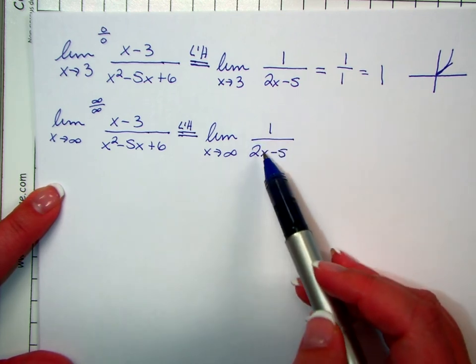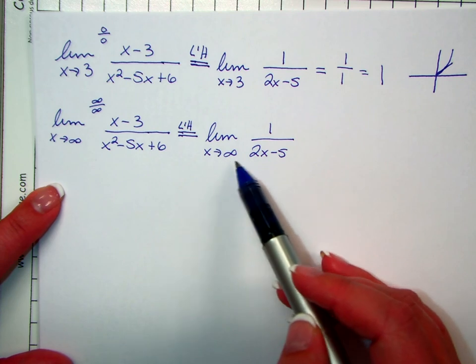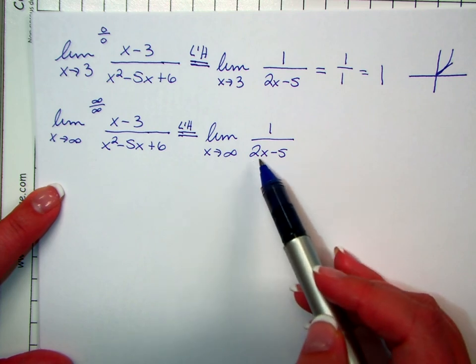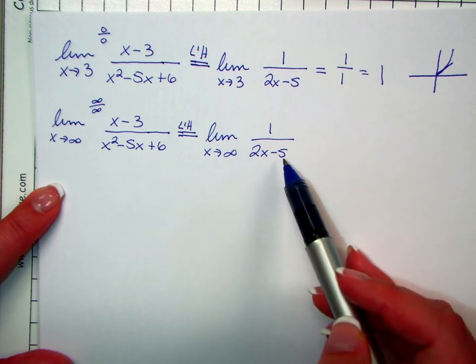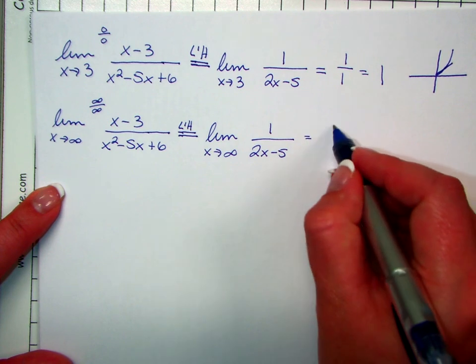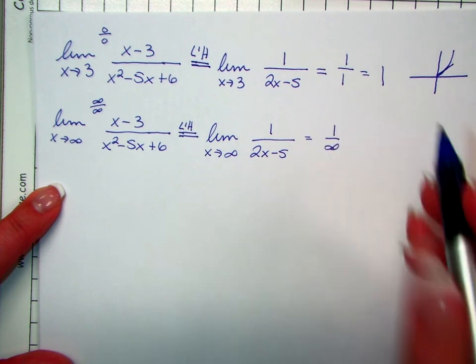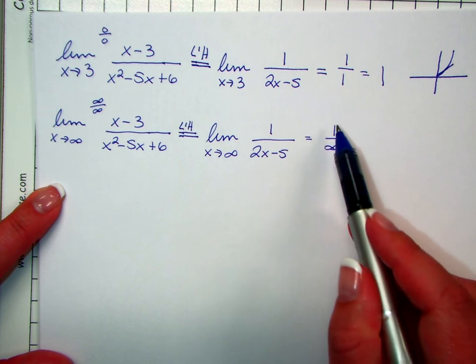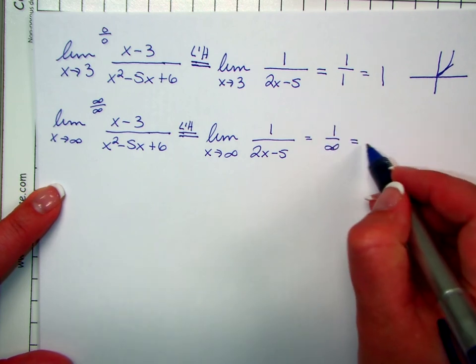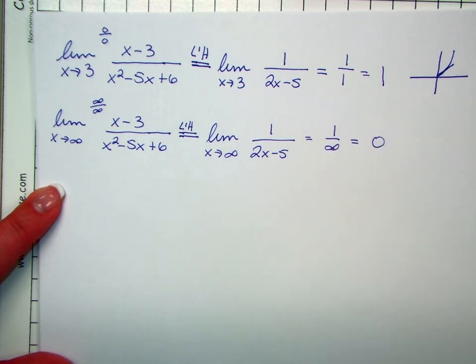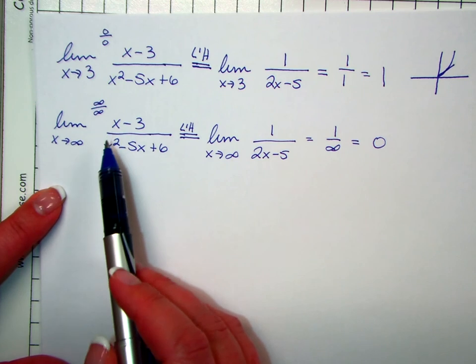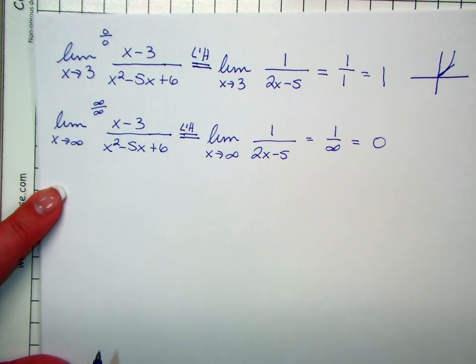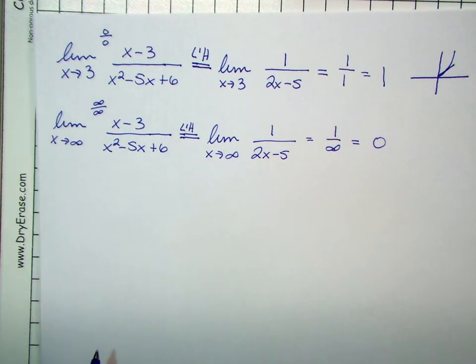So 1 over, if I let x go to infinity, I'm going to get infinity minus 5, which is still infinity, right? So now I get this form 1 over infinity. And remember what happens here. If the denominator gets really large, then the fraction gets really small. 1 over infinity is 0. Okay, so hence, this function should have a horizontal asymptote at 0.